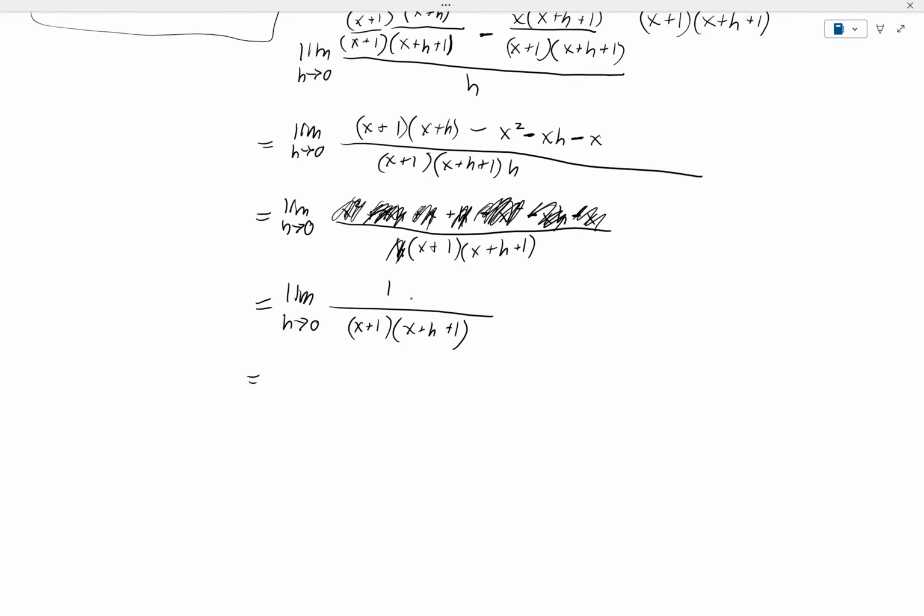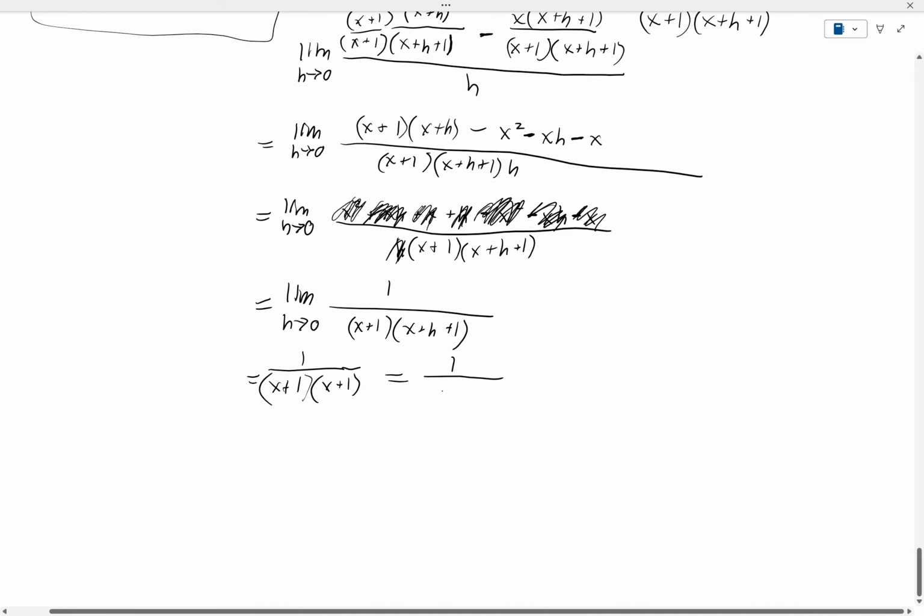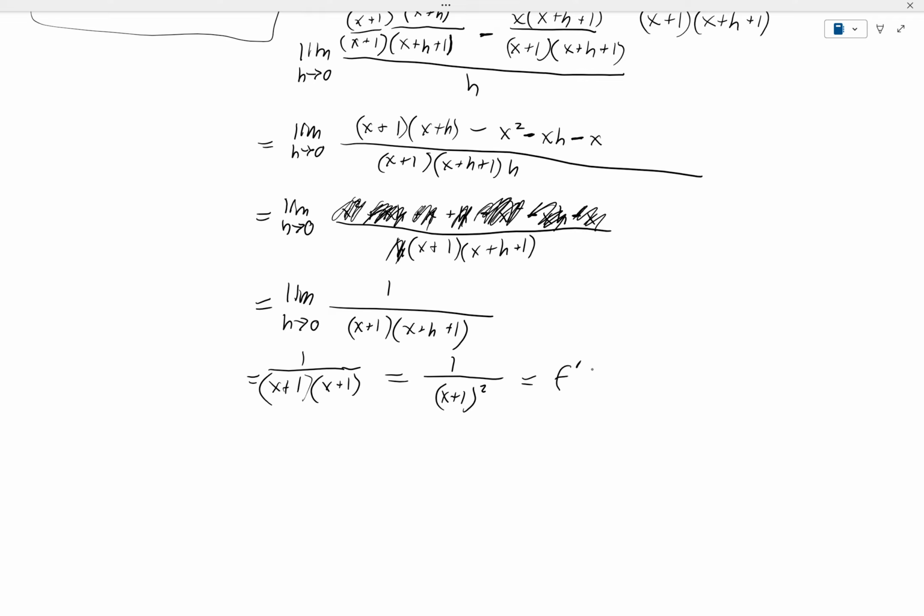If I plug in 0 for h, I'm left with 1 over x plus 1 times x plus 1, which is just something times the same something, so you can rewrite that as 1 over x plus 1 squared. And that's the final answer. That's what our derivative is equal to.